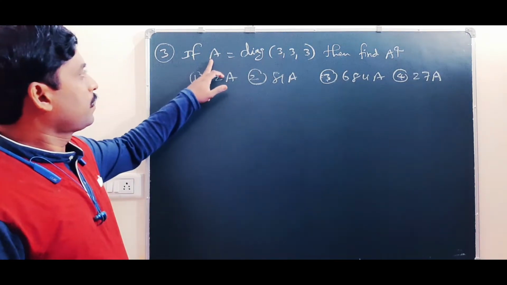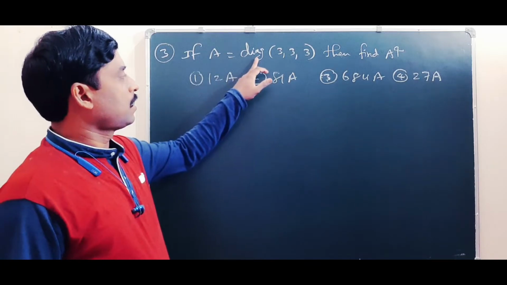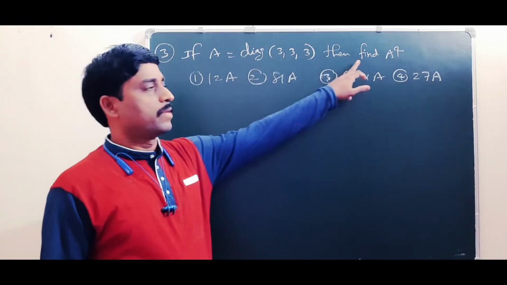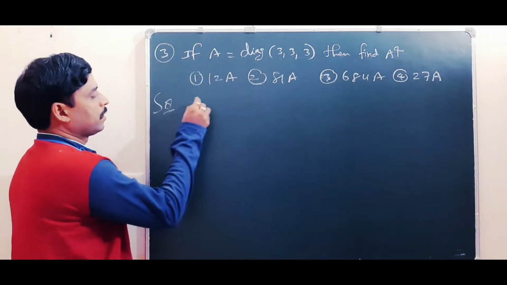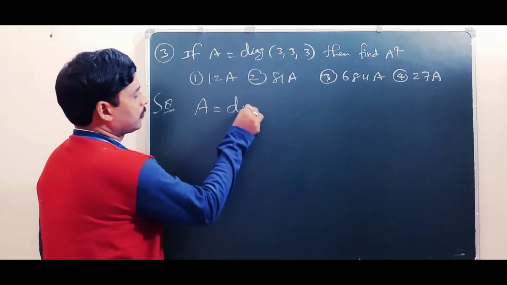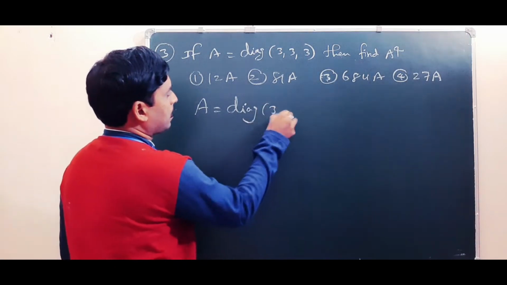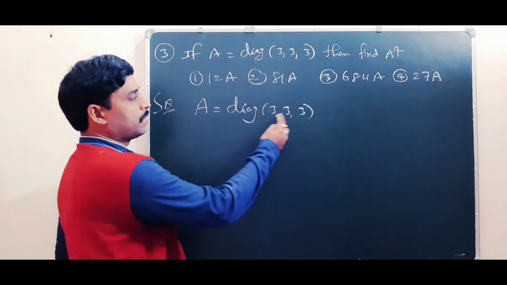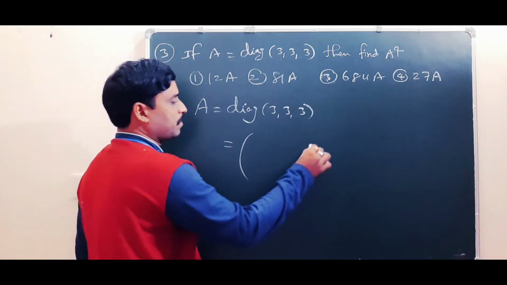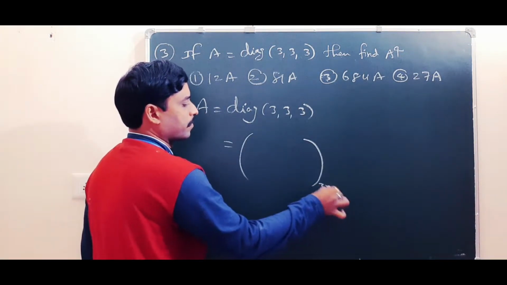In this statement, A is equal to diagonal of 3, 3, 3 given. Then we have to find A to the power 4. So diagonal of 3 elements is given, this is a 3 by 3 diagonal matrix.